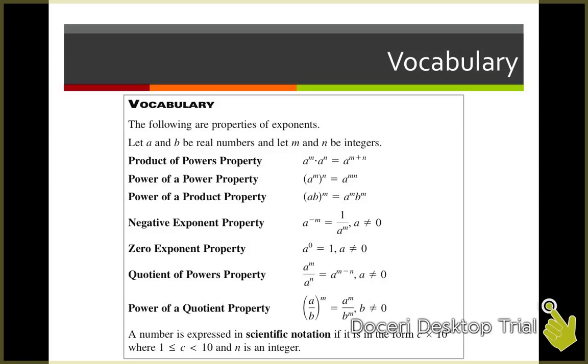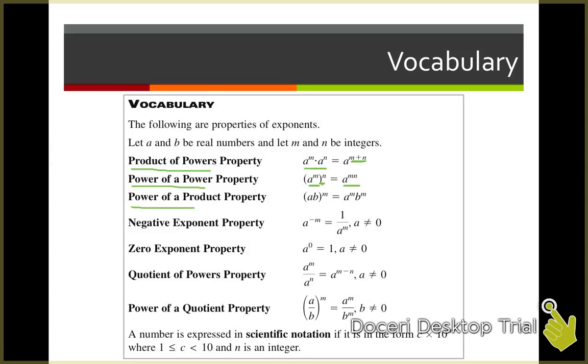We've got the product of powers property, which says if I'm multiplying them together, then I can add my exponents, given that I have the same base. Then there's the power of a power property, which says if I take one power and raise it to another power, then I can just multiply the exponents together, again, keeping the same base.